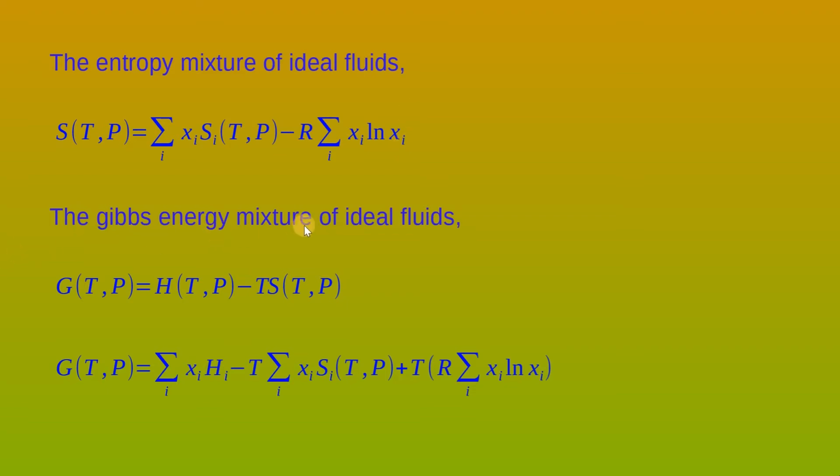Now the Gibbs energy of mixture of ideal fluids G(T,P) can be written as H(T,P) minus T into S(T,P). Now H(T,P) is replaced as summation xi into hi, where hi is nothing but the enthalpy of the pure species i, minus T into summation xi si(T,P), where si is nothing but the entropy of the pure fluid i, plus RT summation xi ln xi.